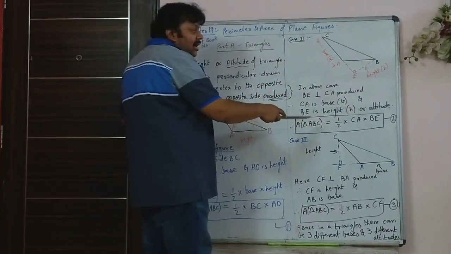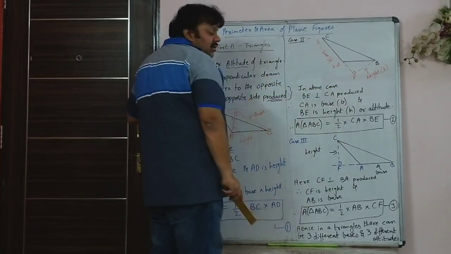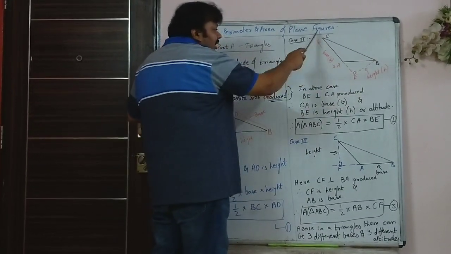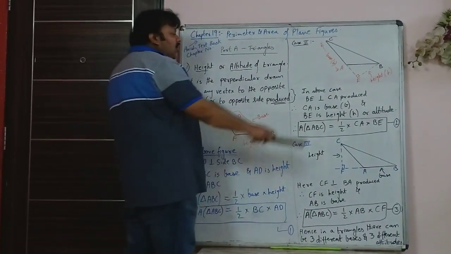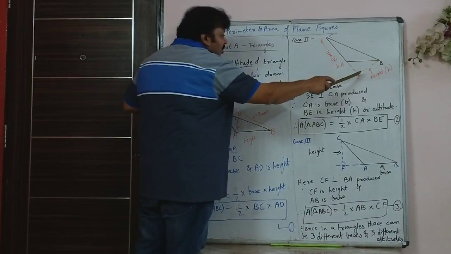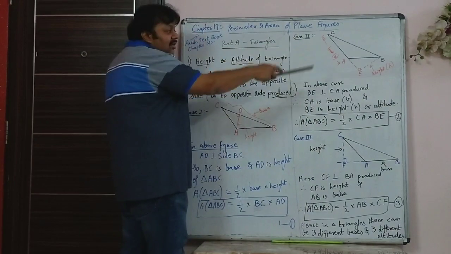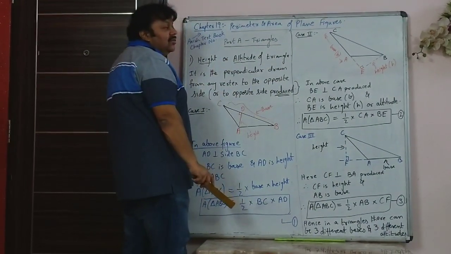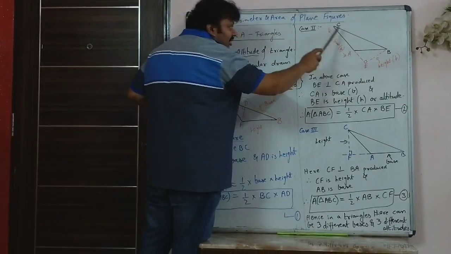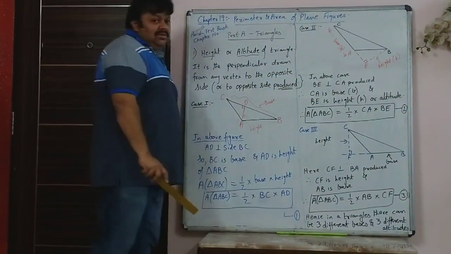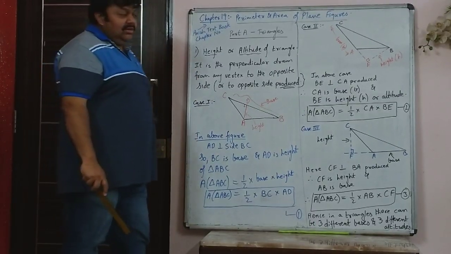So if I need a right angle, I have to extend CA and then draw BE perpendicular to CA produced. So now from B, I am drawing a perpendicular not just to CA, but to the extended line. So now BE is called height and CA is the base.